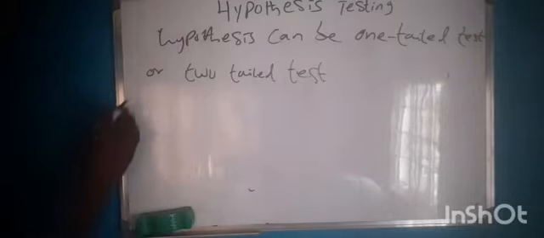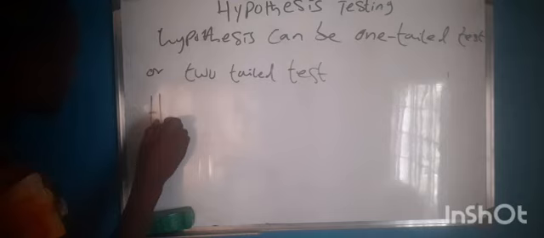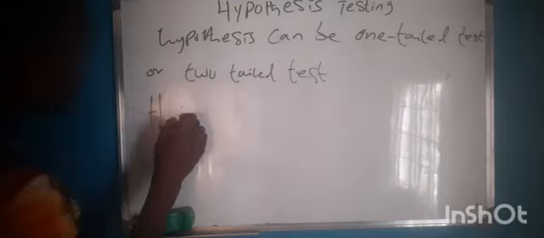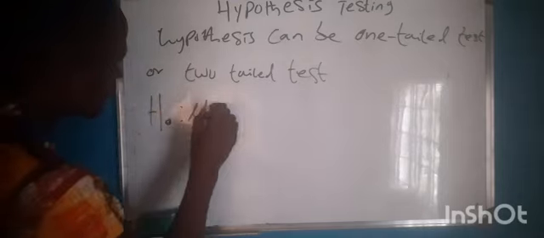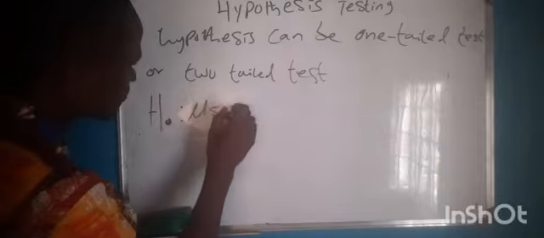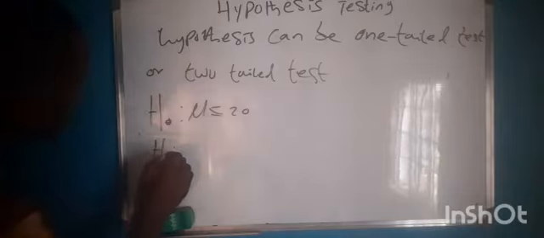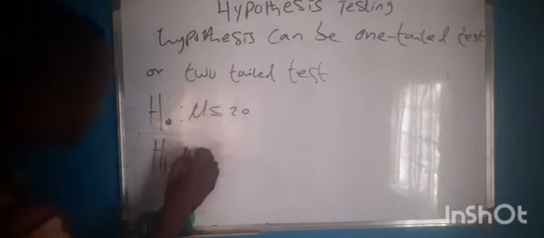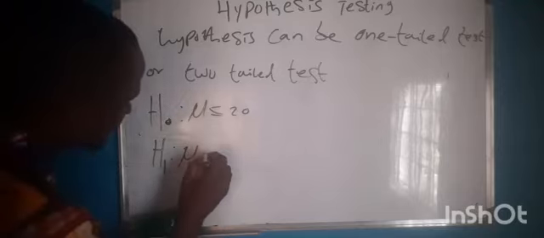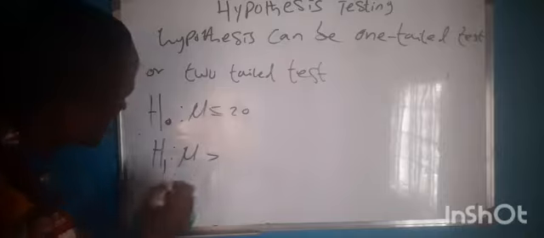Now, when you have something like this: H naught, mu less than or equal to 20, and H1, mu greater than 20.